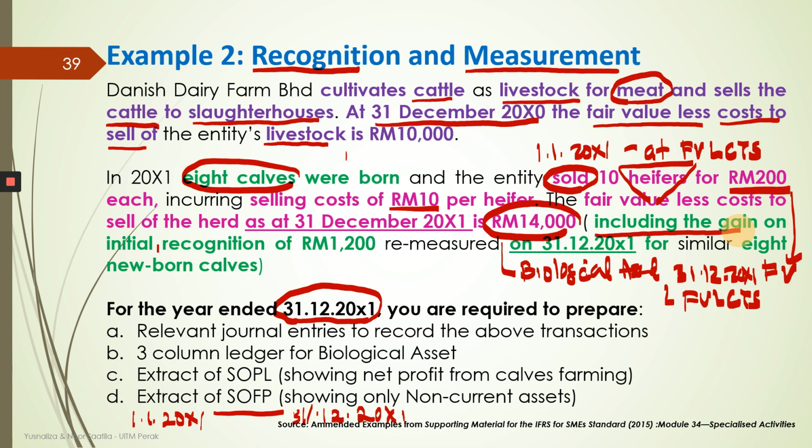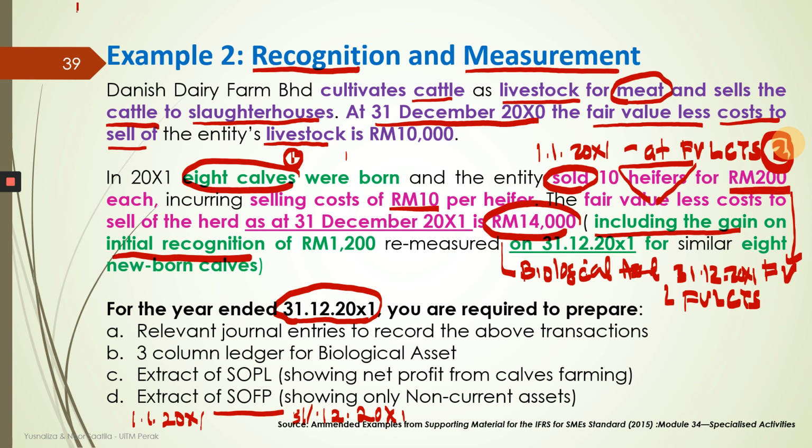So we need to record the first transaction for the gain on initial recognition. The second transaction will be for the sale of the heifers, which we need to record at the fair value less cost to sell.